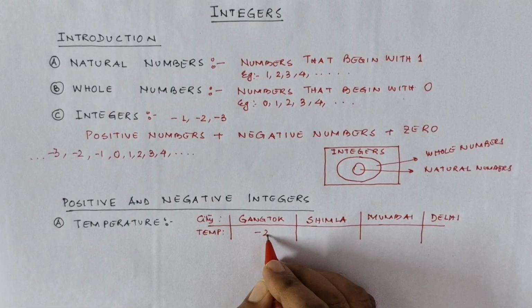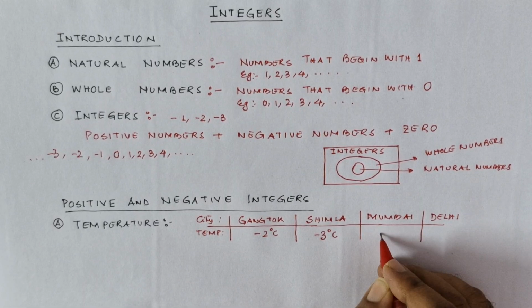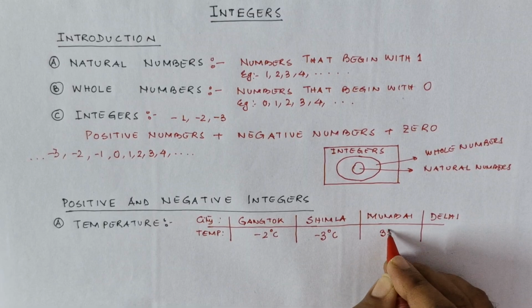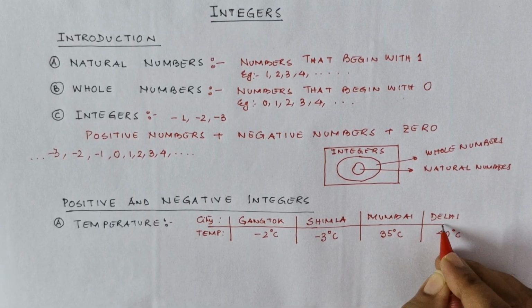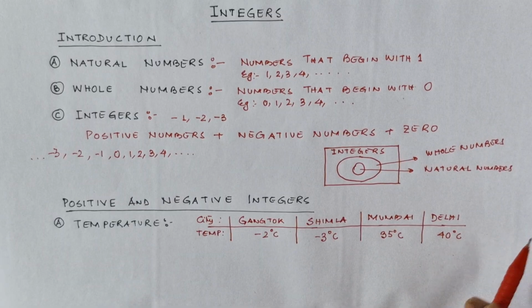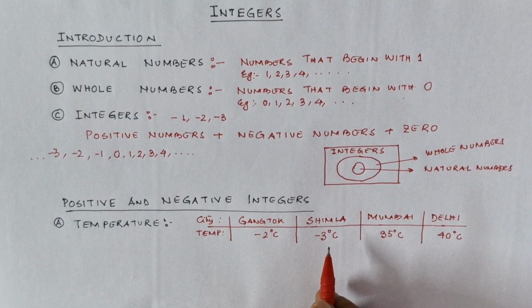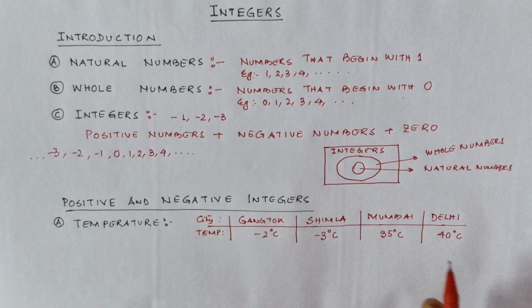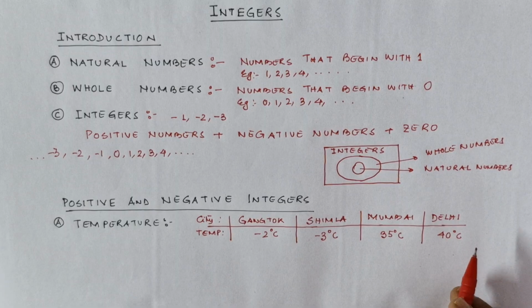This is -2 degrees centigrade, that is -3 degrees centigrade, that is 35 degrees centigrade, and this is 40 degrees centigrade. So you see that two cities here have negative temperatures and two cities have positive temperatures.